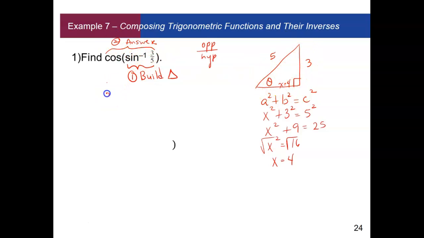So now I'm going to just recopy this, but in the place of all this, I'm going to put theta. Okay, so now I just need to look at my triangle and say, what is the cosine of theta? Well, cosine is adjacent, so that's 4, over hypotenuse, which is 5. And so my answer is 4/5. So again, two-step process, build the triangle using the inside, and then answer the question for the outside part.